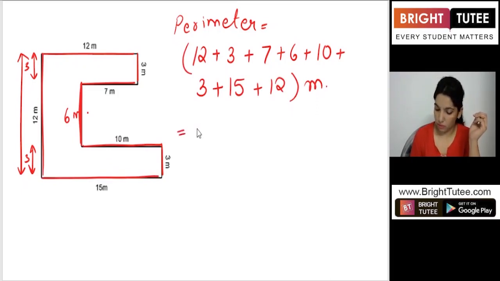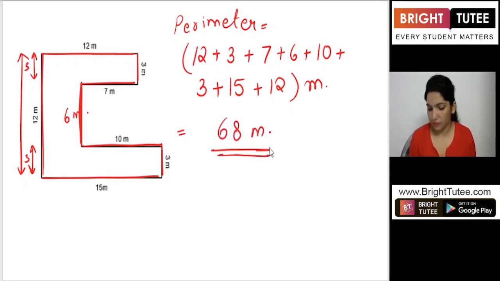Now let us add them all together. 12 added to 3 added to 7 is 22, and then added to 6 added to 10 is 38, added to 3 added to 15 added to 12, and the answer is 68 meters. Okay, so this is the total of all the sides of this particular given shape.